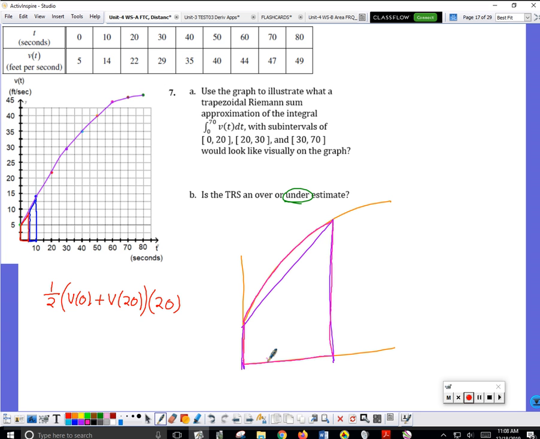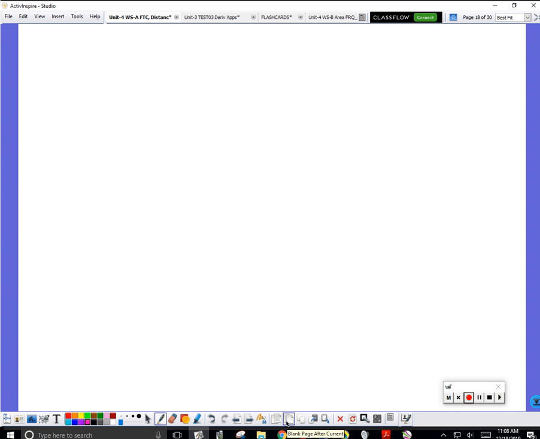Question, please. Wouldn't you just say if you were trying to get down, it's always an underestimate, and if it's trying to get up, it's always bigger? So everybody listen to Cameron. If you're finding a trapezoidal Riemann sum, you can simply notice that.